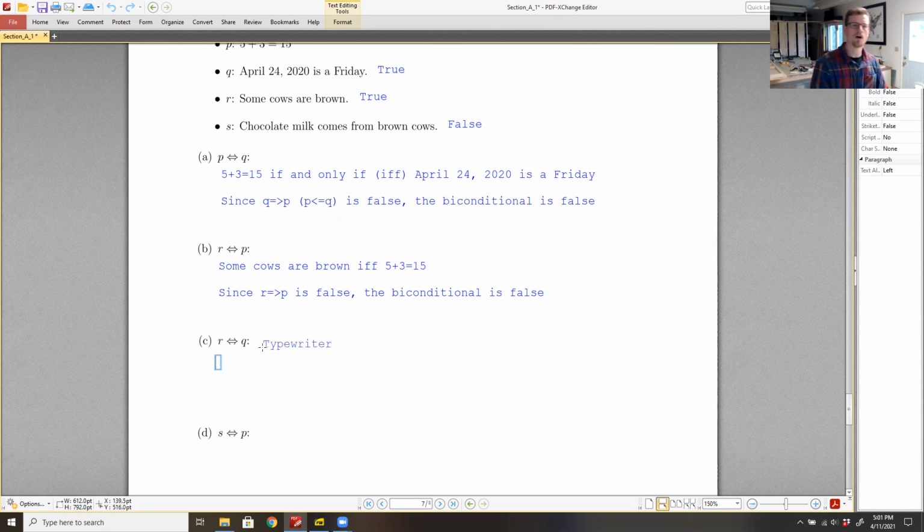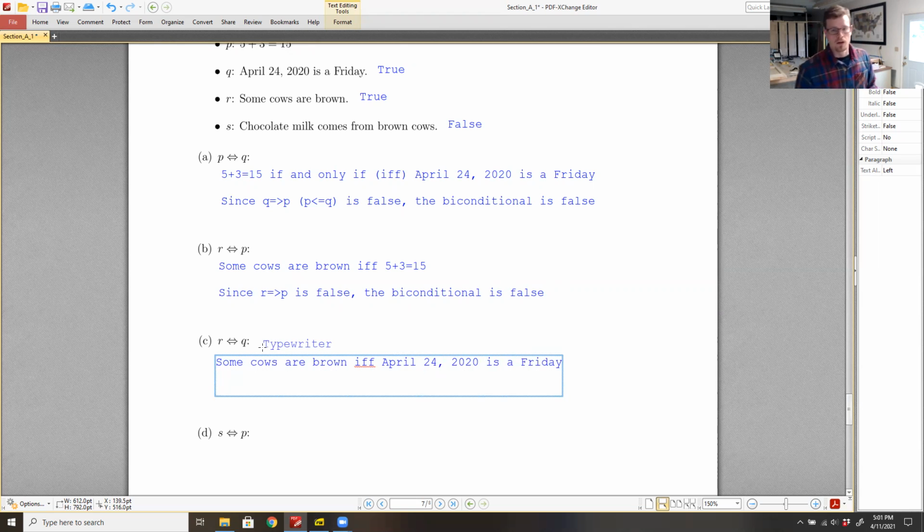All right, so R if and only if Q. Some cows are brown if and only if Q, April 24th, 2020 is a Friday. Of course, both of these statements are true. So the forward direction, true implies true, you're good there.